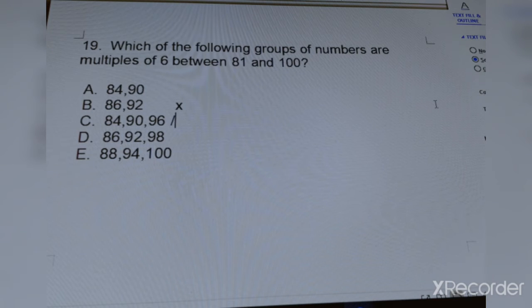So this is correct. Now for letter D. 8 plus 6, 14. So it's not divisible by 3. So this is wrong.